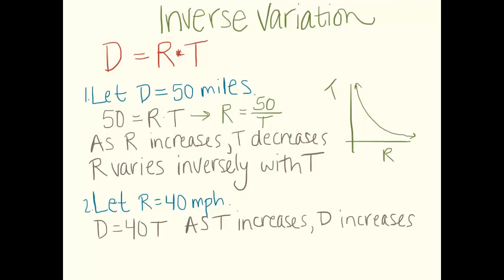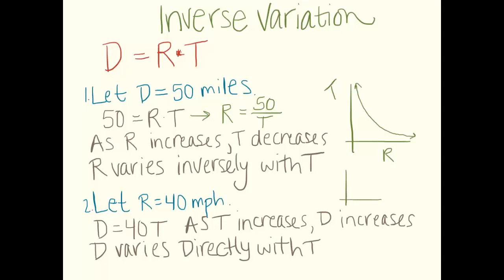That's known as direct variation. We can say D varies directly with T. And actually, if I asked you to graph D equals 40T, that's old news. That's just a linear graph.